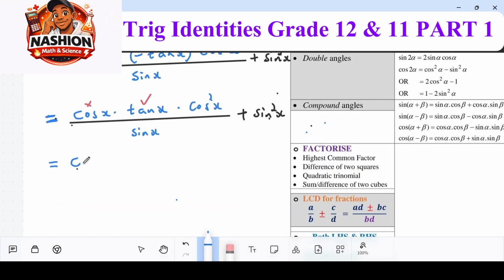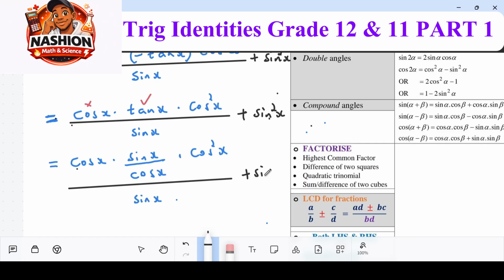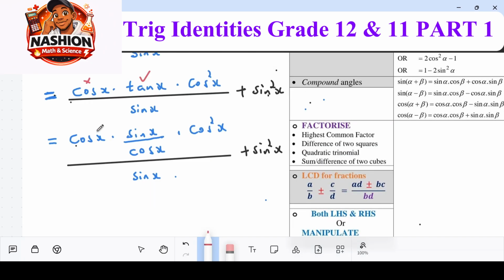So I'm repeating this one, cos x. My target is this tangent. Tan x is sine over cos times cos squared x all over sine x plus at the end there sine squared x. We can freely cancel out cos x with cos x. And do you see what I see? Watch this. Cos x and cos x gone.